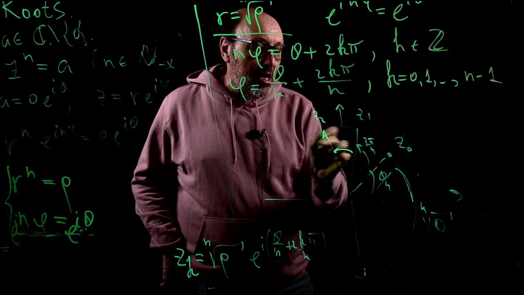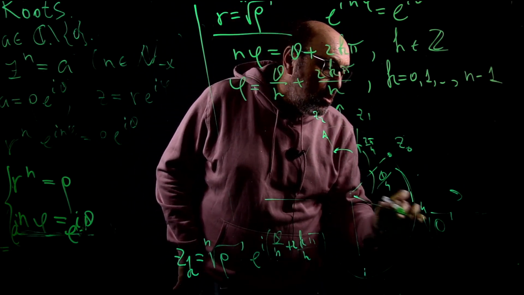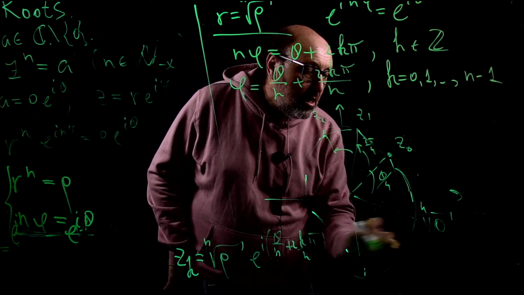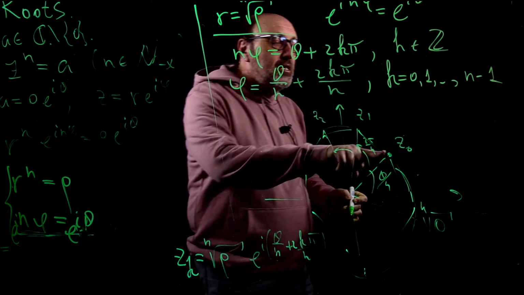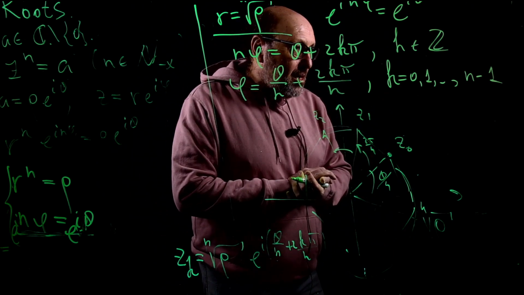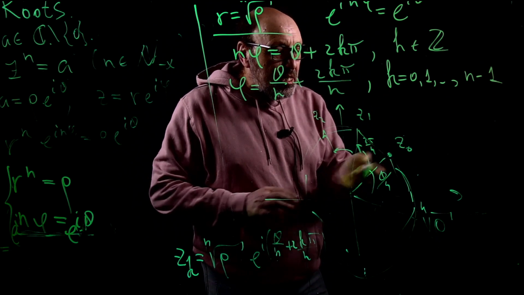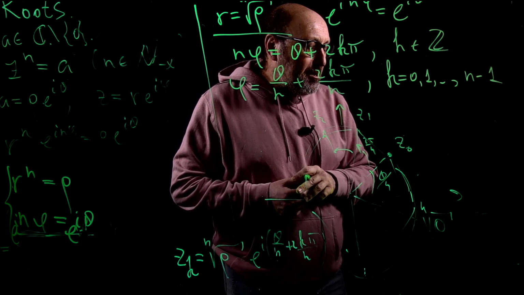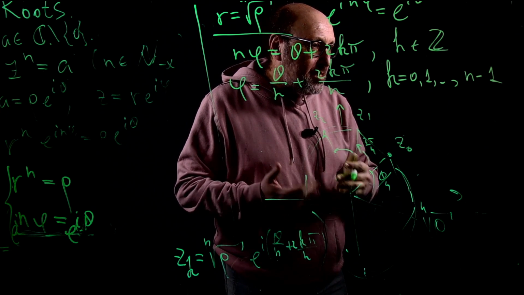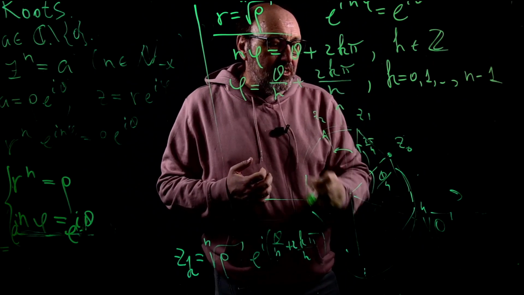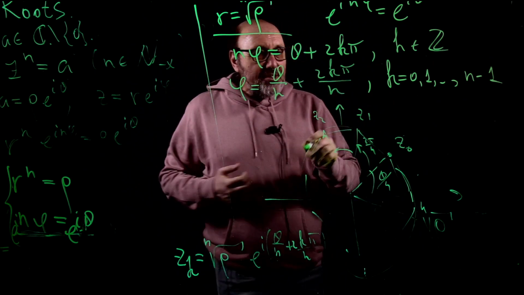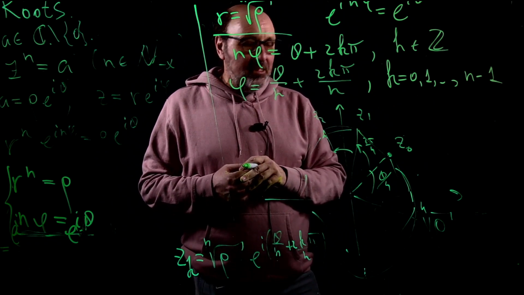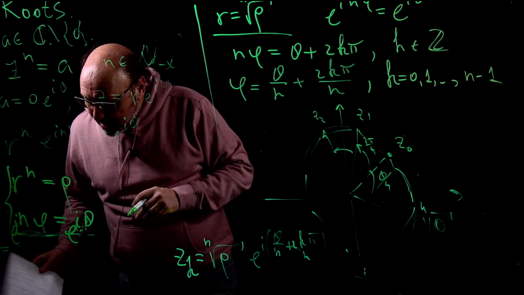This will be z 2, and we continue, and we see that all these points are located on our polygon, which contains exactly n vertices. So this is a regular n-gon, right? And the vertices of this polygon are exactly the roots of our number. So this is about the roots.